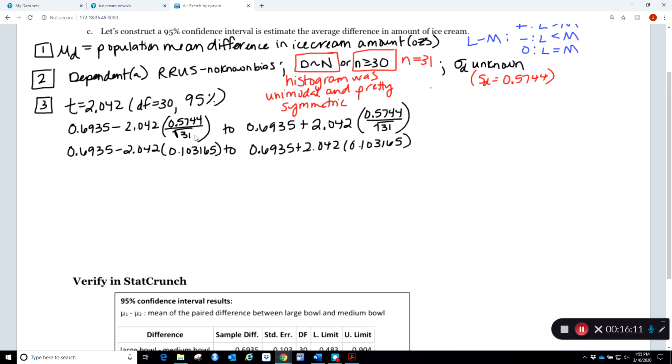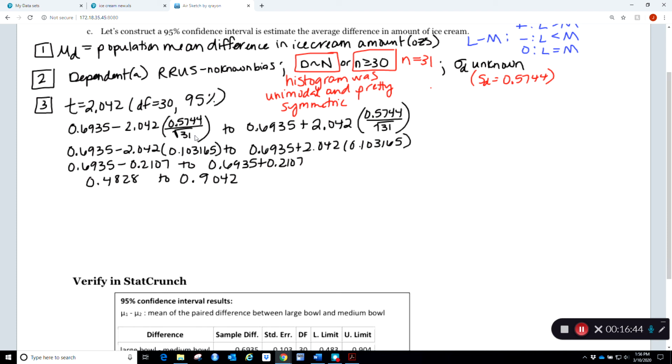Now we'll do our multiplication and get 0.2107. And then finally our subtraction and our addition. So there is the math all the way done for us.